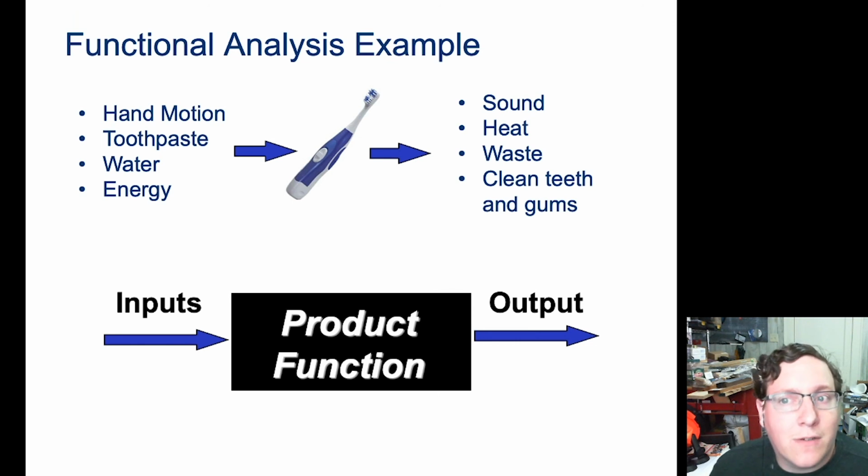And then what it creates, okay, as its functionality, is we know that there's going to be a sound with it, whether it's just the motor or maybe it's one that's designed to play some music as you're brushing your teeth. You get some amount of heat. Again, there's heat waste in pretty much any product. You have waste, okay, the toothpaste that's no longer usable. But the desired outcome is you're getting clean teeth and gums.